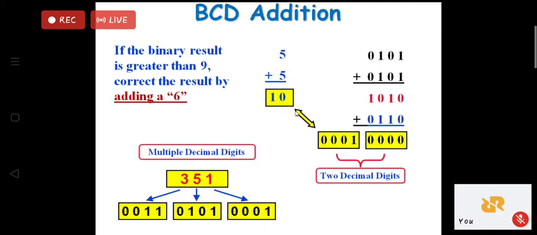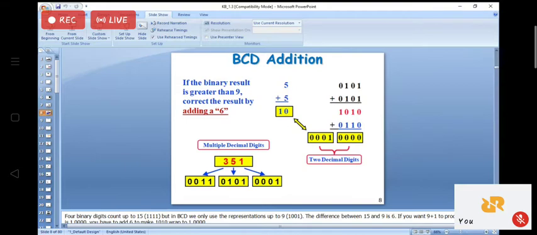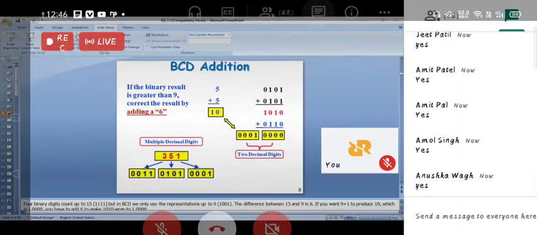This is how the bottommost portion 351 will be written in BCD: 0011, 0101 for 5, and for 1 it will be written as 0001. So please tell me whether you have understood the problem and what solution is proposed in case of BCD addition. I'm coming to the chat box to see your response.